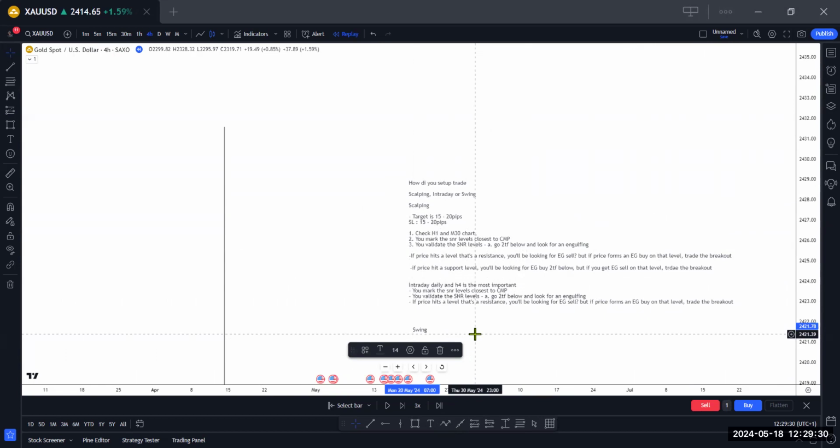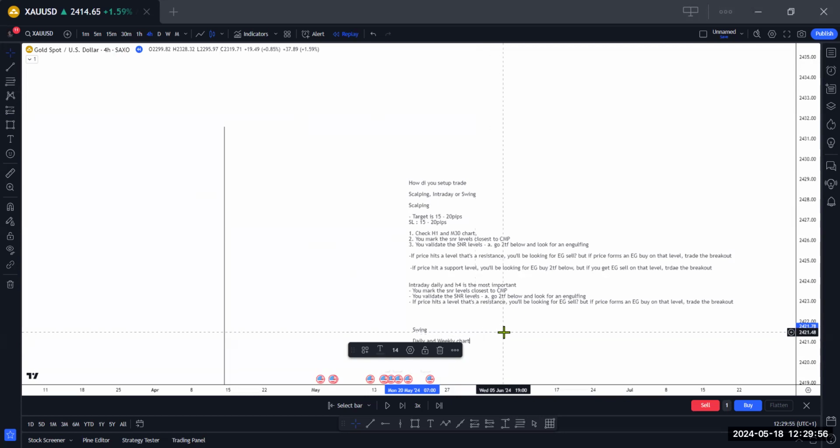For swing trading, you're focusing on the daily and the weekly chart. And then for the daily, you go to H1. For the weekly, you go to H4, right? So price taps a weekly level, you go to H4 to get your entry.